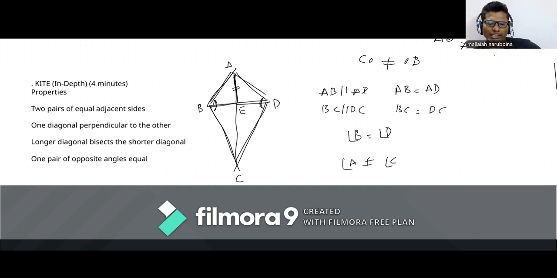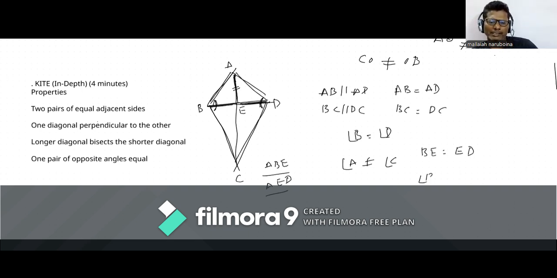That means triangle ABE and triangle AED are congruent. That's why length of BE is equal to ED. Angle B is equal to angle D.